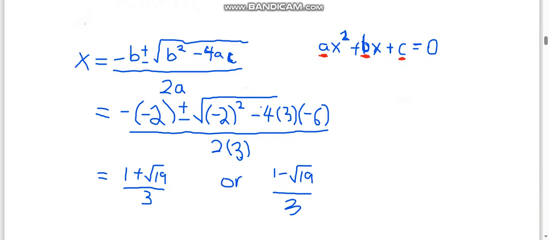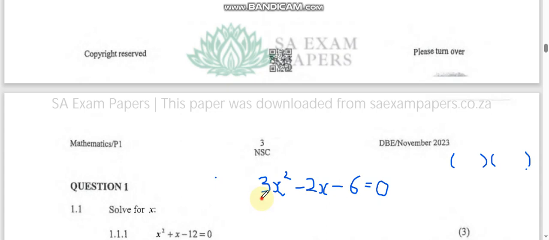Our value of a is 3, our value of b is minus 2, and our value of c is minus 6. Also take note of including the signs of your numbers.